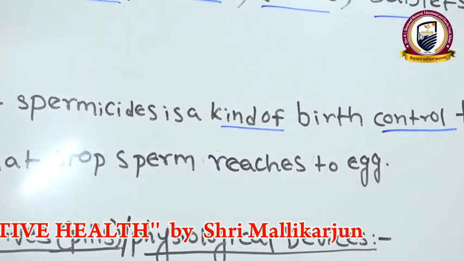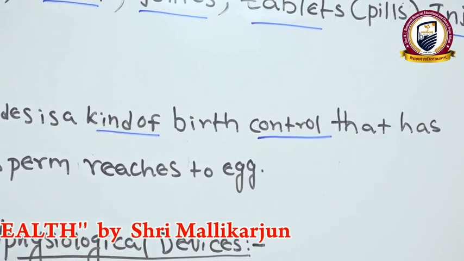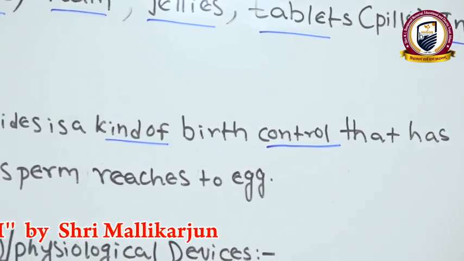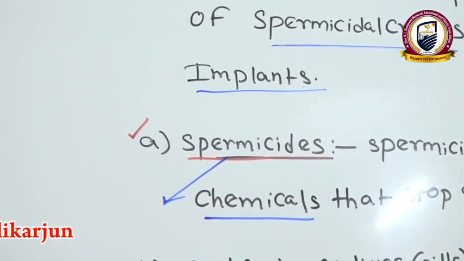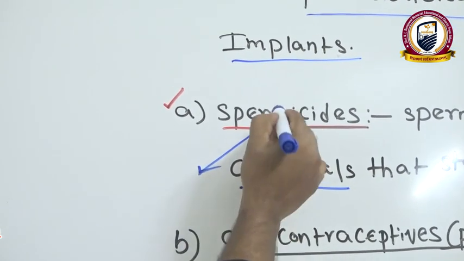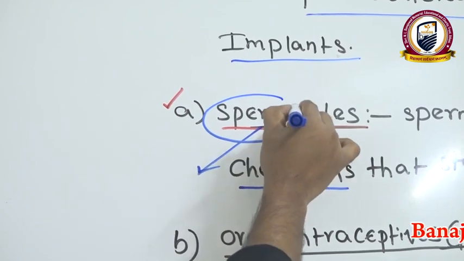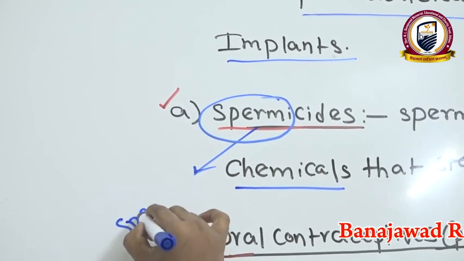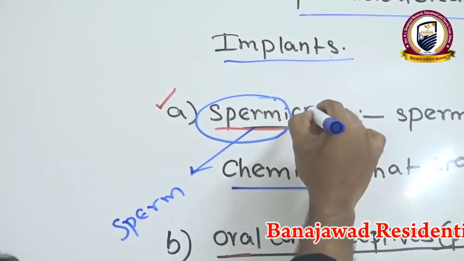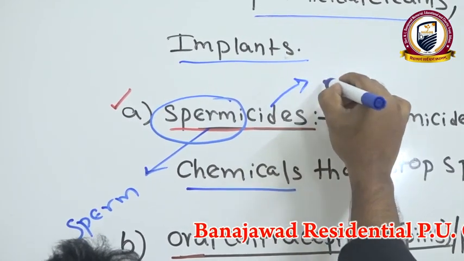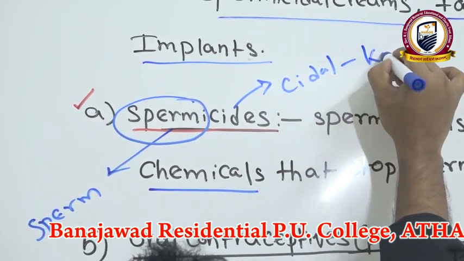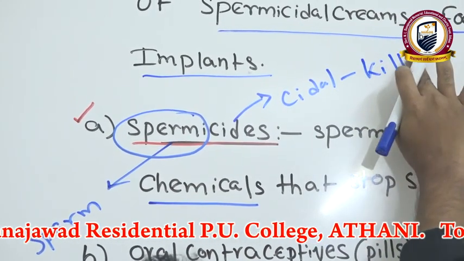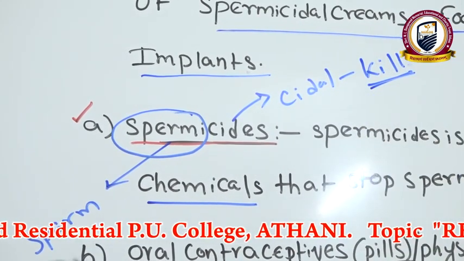The name itself indicates it: spermi means sperms, and cidal means killing.